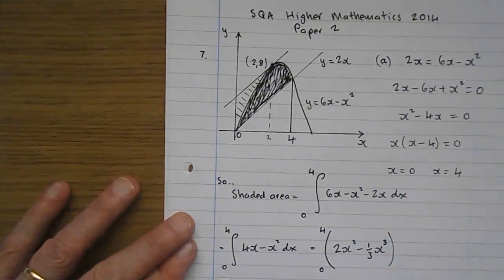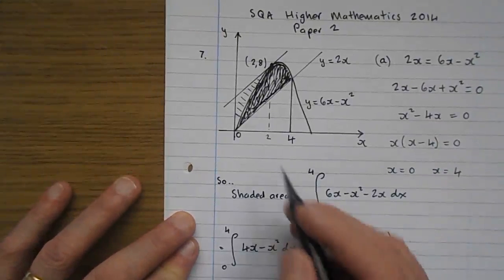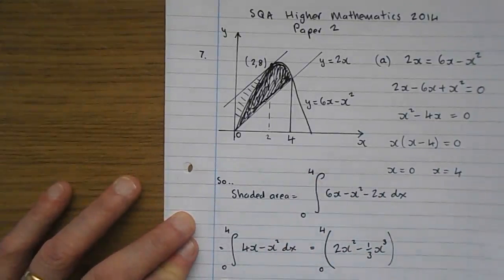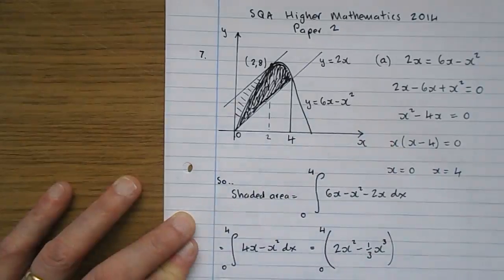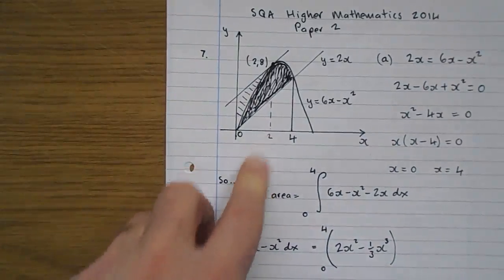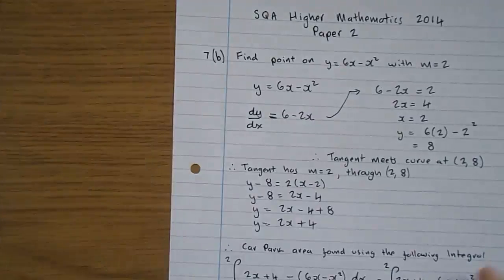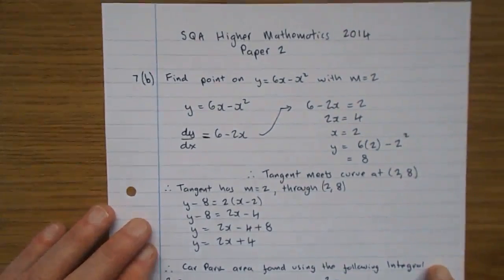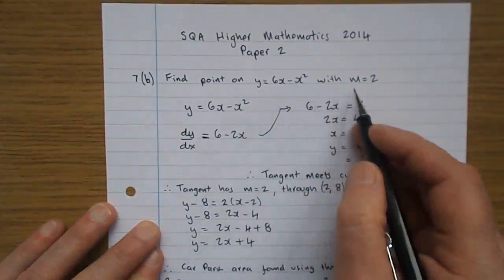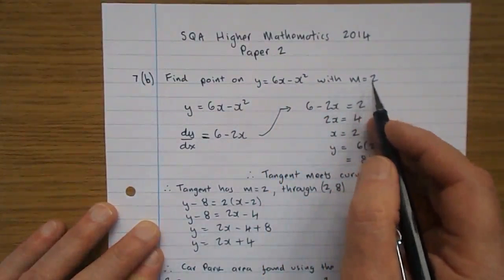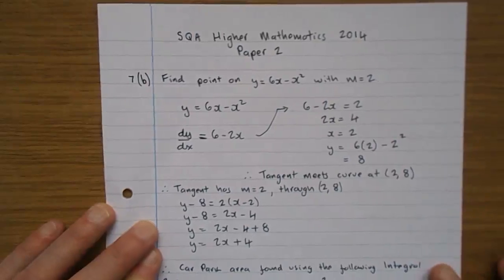Okay. So of course earlier on I gave the game away by telling you that that was 2. Okay, and again there's the shaded area in the diagram that I did. Why is that 2? Here we go. So remember we need to find the point on the curve that's got a gradient of 2 because it was parallel to the railway line.